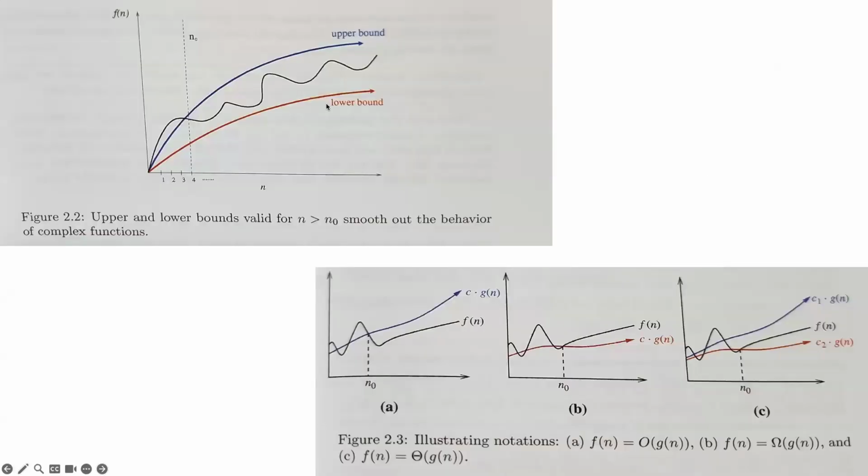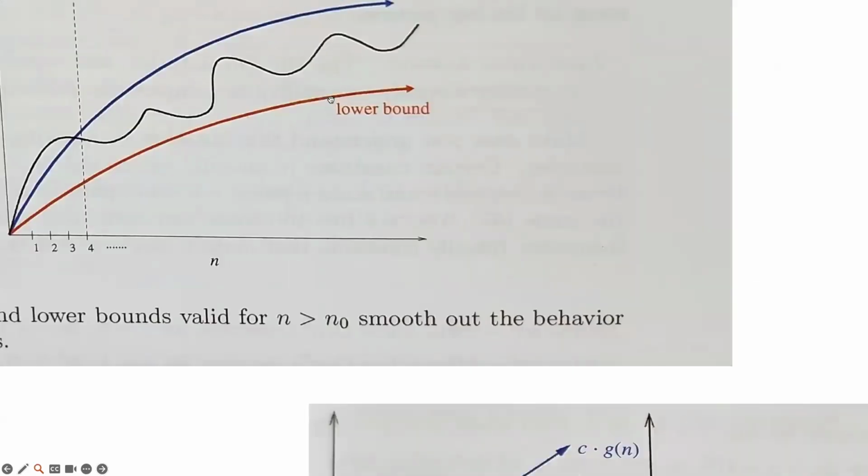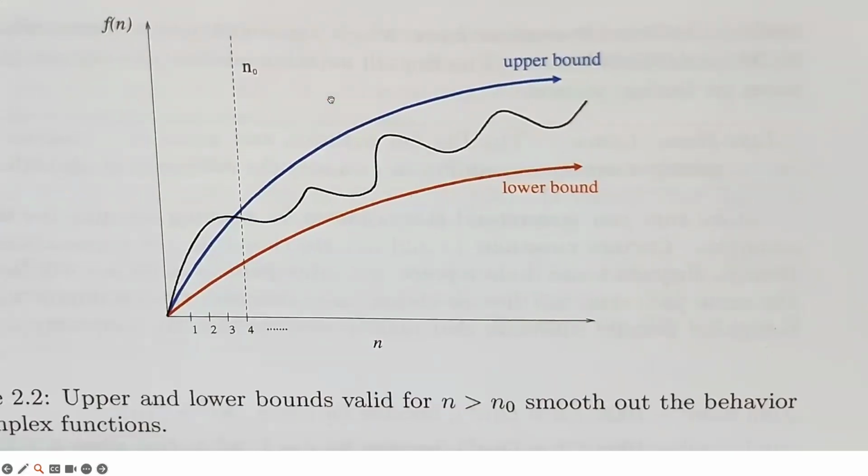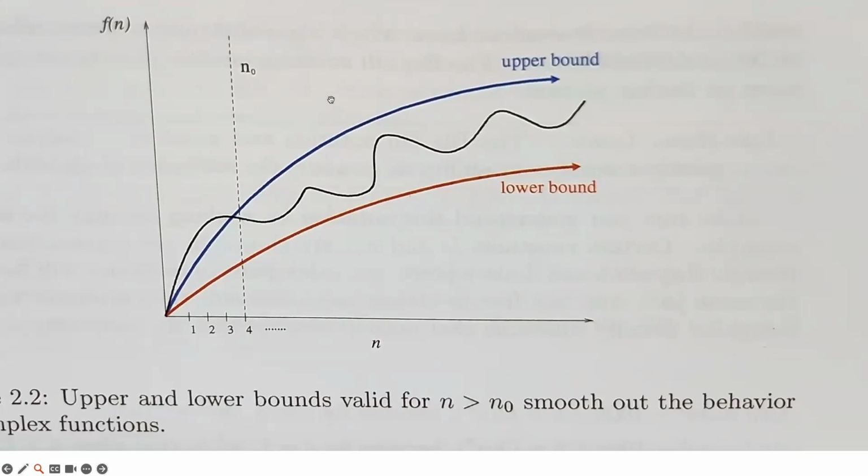Okay, so here are two graphs that the textbook has. Let me zoom in on each one of them. The goal is to find these functions for the upper and lower bound. Let's say we've got some upper bound and some lower bound, but in the black, that's the actual function. You'll notice it goes up over the upper bound and then still wobbles around, but stays within the upper and lower bound.